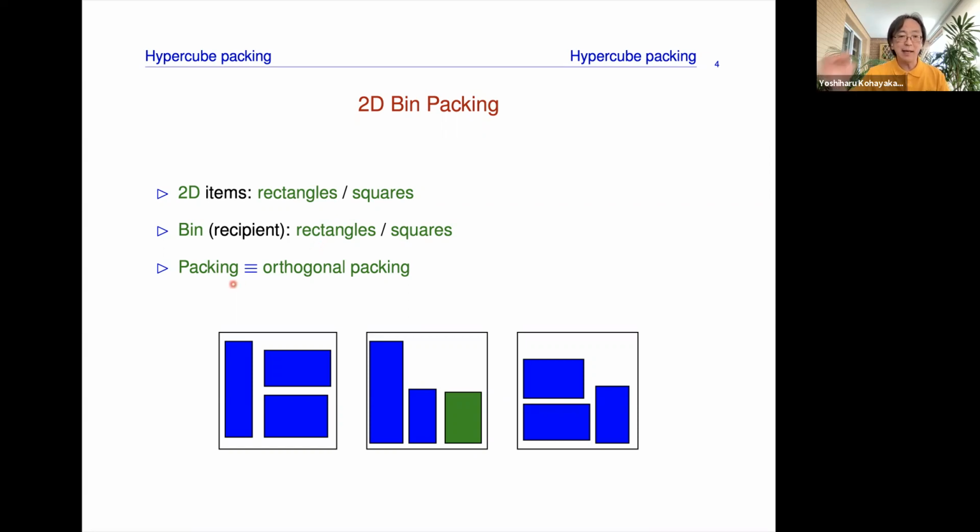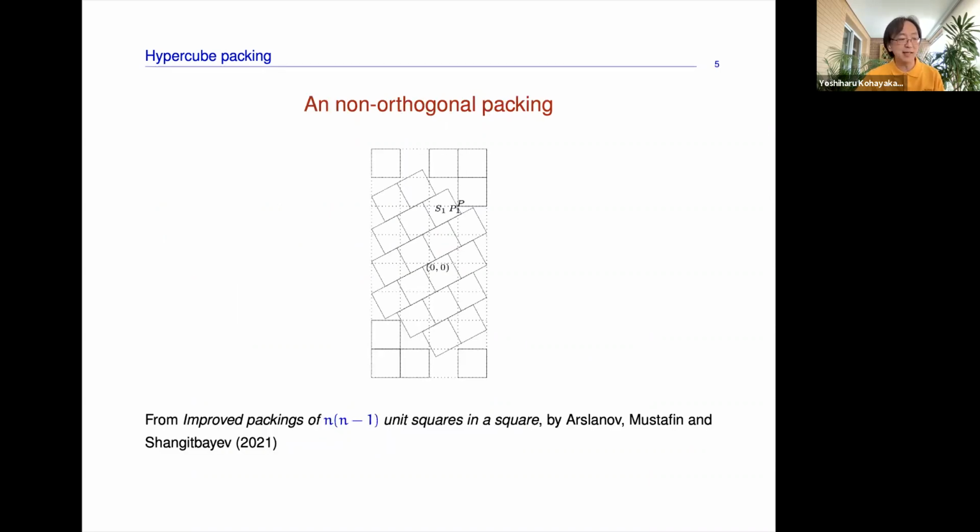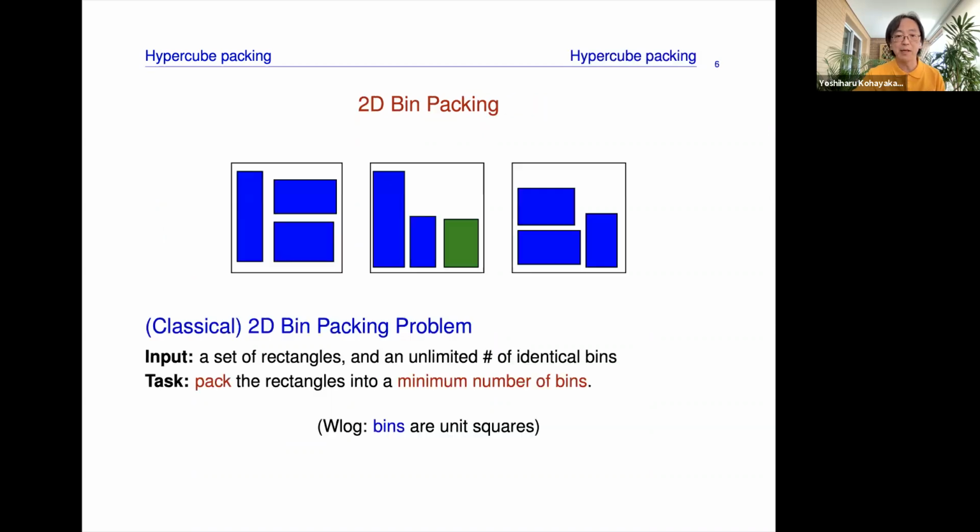And lastly, I will be interested in packings which I call orthogonal packing. So packings as the one that you see below. The rectangles that you are fitting into a bin have to be either horizontal or vertical, if you see what I mean. So things like this are not allowed. You cannot tilt the squares or rectangles that you want to fit into the bin.